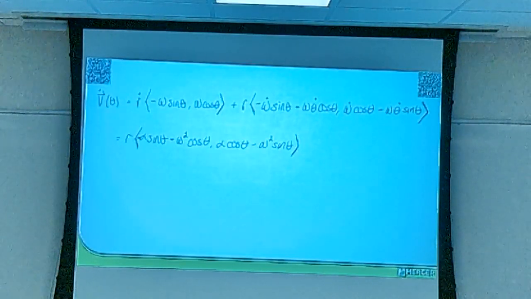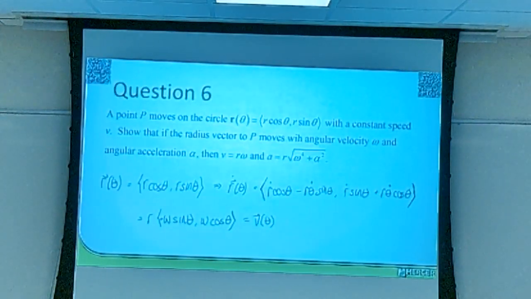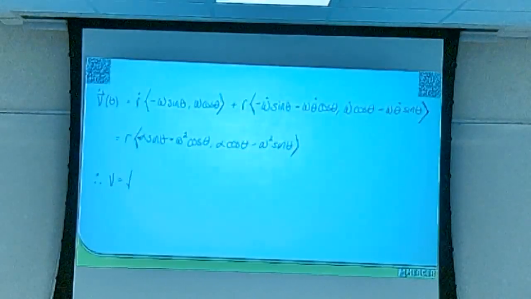The dots are derivatives with respect to time.